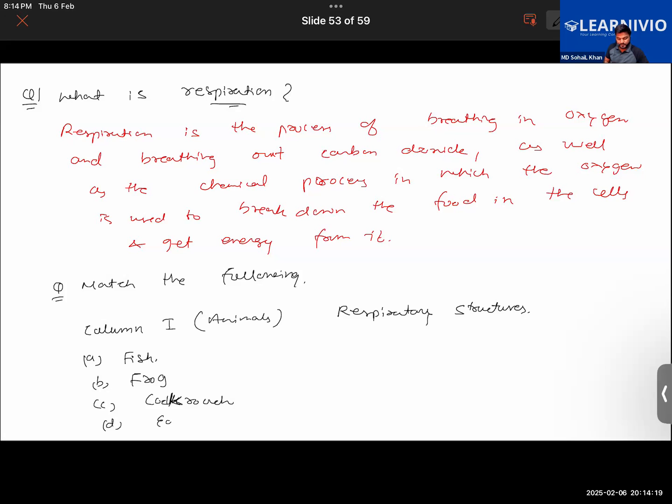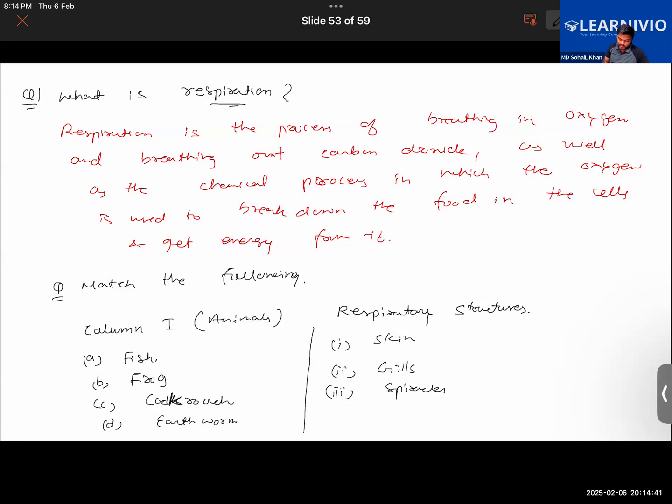In both of them, food is broken down to obtain energy. But how are they different from one another? Aerobic respiration takes place in the presence of oxygen, very good. And anaerobic respiration takes place in the absence of oxygen.